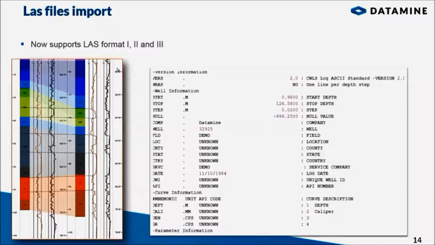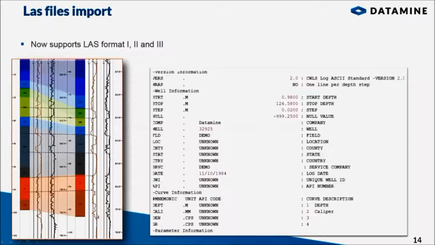For those of you who are not familiar with LAS files, they basically contain geophysical data that's recorded by a geophysical instrument, and it's these little squiggly lines that you see in the correlation plots. That's basically showing the geophysical properties that were captured by that instrument.